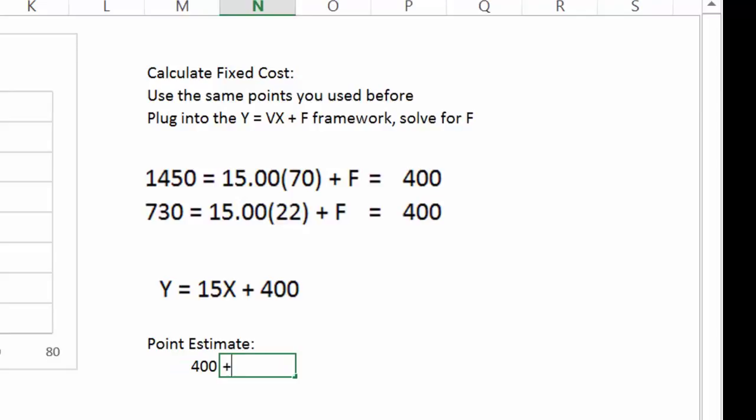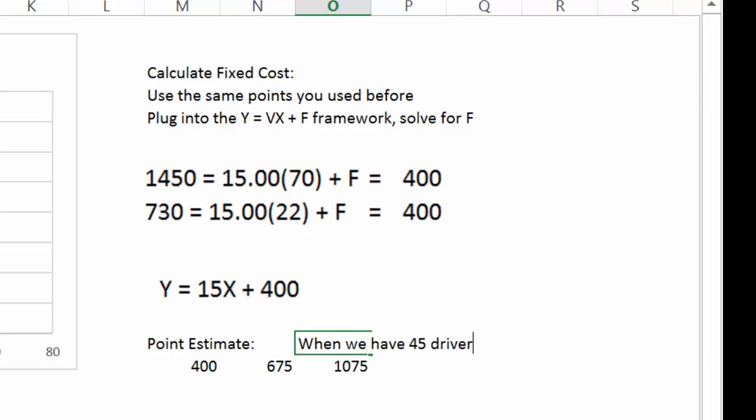We're going to have a variable cost of 15 times 45. This is when we have 45 drivers. So our total cost then is going to be 1,075. So our point estimate when we have 45 drivers or driver units is 1,075. And we can go ahead and format that and highlight that. That's our point estimate. So we just plugged 45 into the equation.